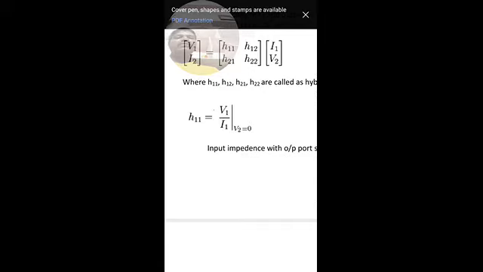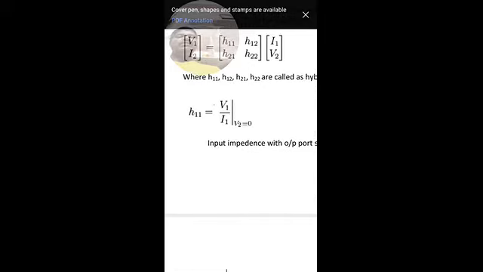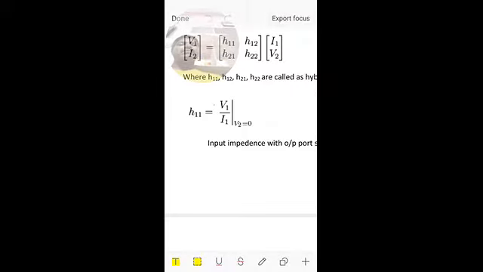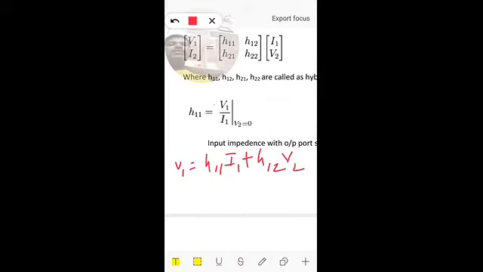Since V1 is equal to H11 I1 plus H12 V2, to find H12 the first term is reduced to 0 by reducing I1 to 0, by open circuiting the input terminals.